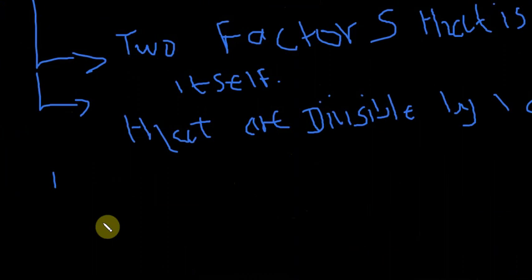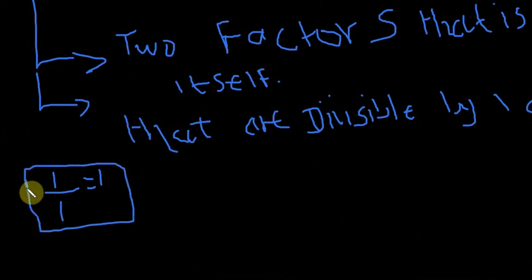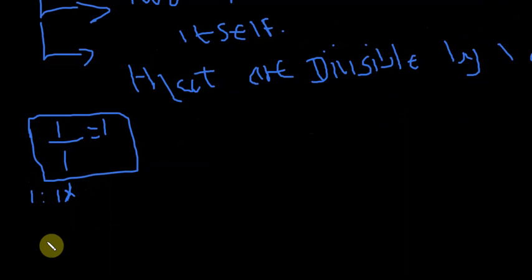Is 1 a prime number? Let's see how many factors 1 has. 1 divided by 1 gives us 1. So it only has one factor, which is 1, so it does not qualify to be a prime number.